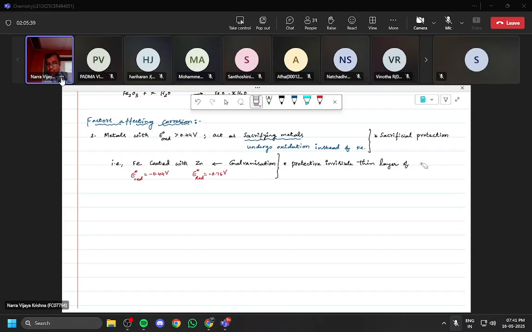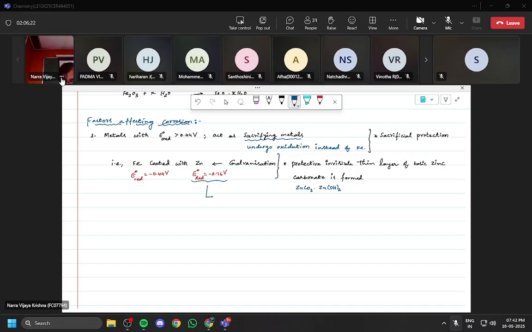We call it basic zinc carbonate. Why do we call it basic zinc carbonate? Because it forms ZnCO3 dot Zn(OH)2. Basic zinc carbonate. That's how rusting of iron is stopped. If E0 reduction is more negative, what do we call them? More electropositive metals.